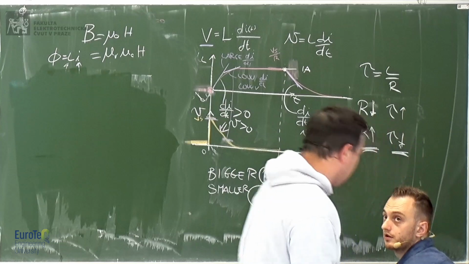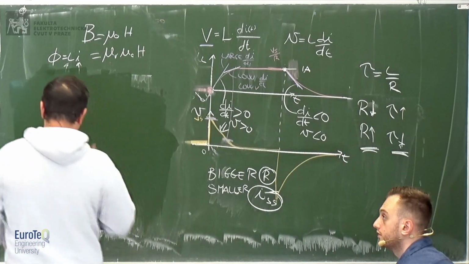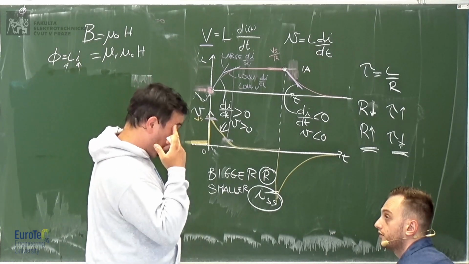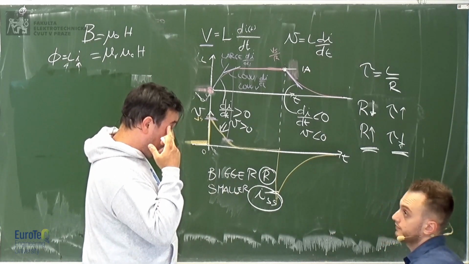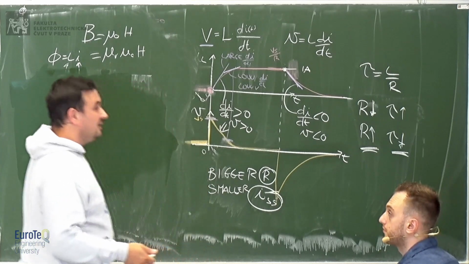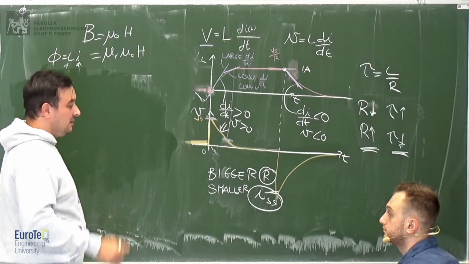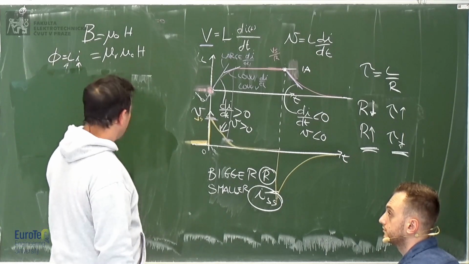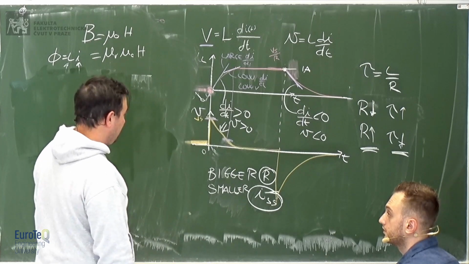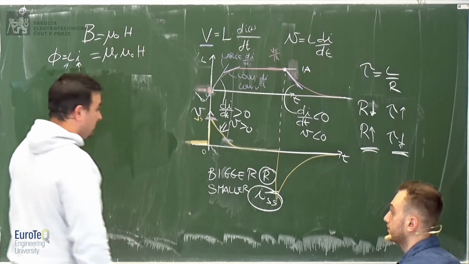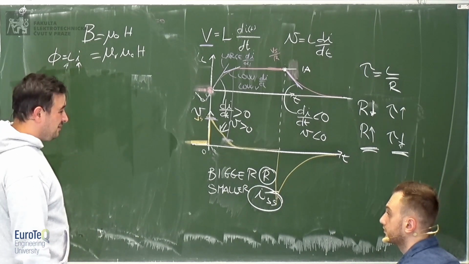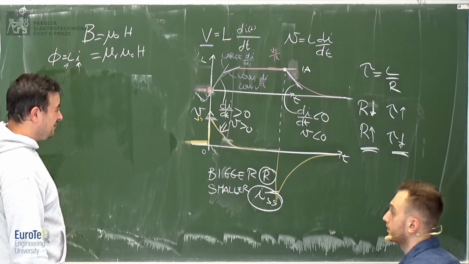Yes, there is some loss in the magnetic domains like that, but I wouldn't enter too much into these details of the energetics of the magnetic domains, because there are different sources of hysteresis, so it's kind of complicated.